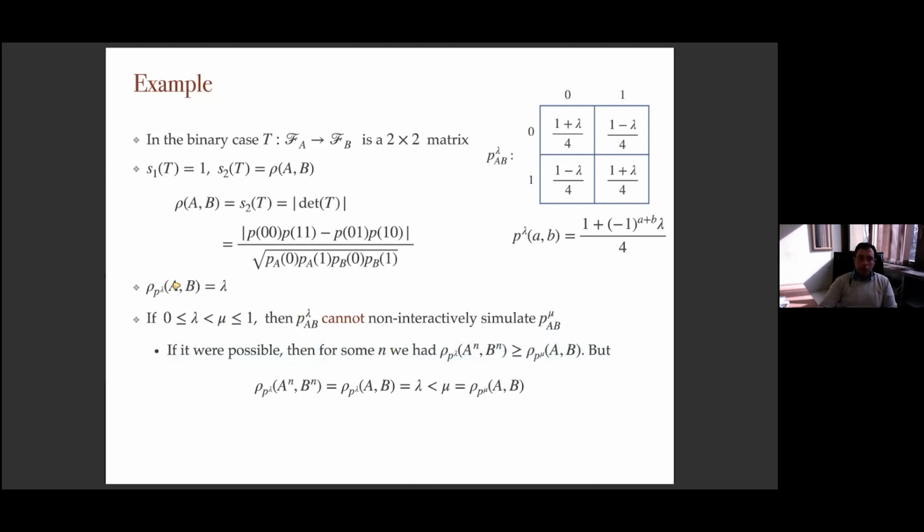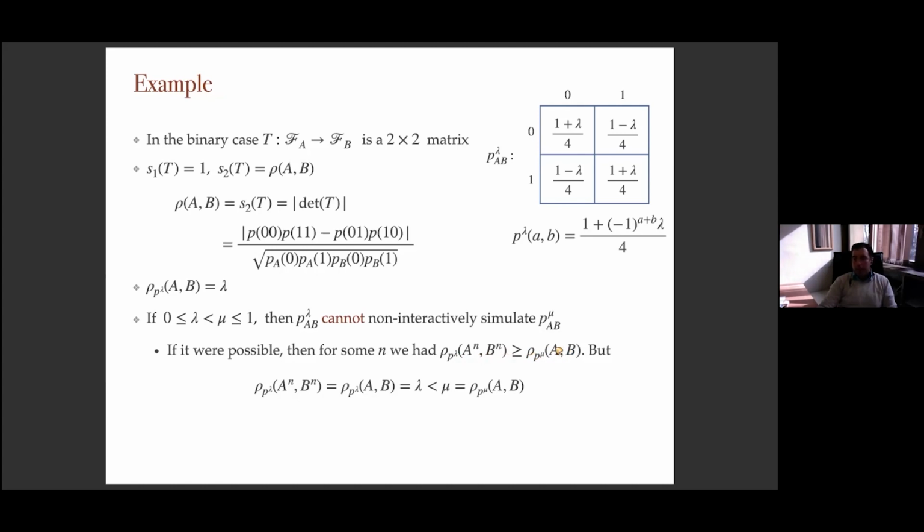Using these properties of maximal correlation, we can answer this question. If it was possible, then by the data processing, I should have this inequality. The maximum correlation between A and Bn for this choice of lambda should be larger than the maximum correlation between A and B for this. Sorry, this is for the smaller lambda. This is for mu, which is larger than lambda.